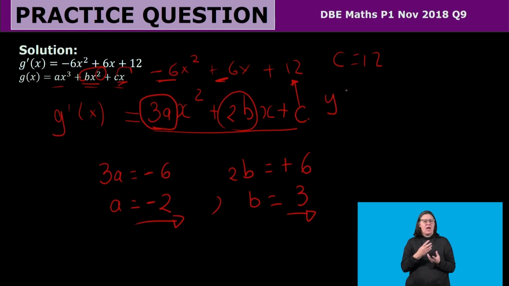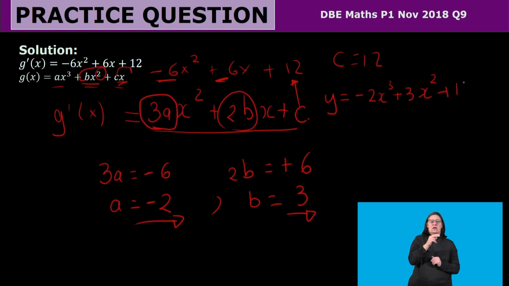We're going to have y is equal to negative 2x cubed plus 3x squared plus 12.